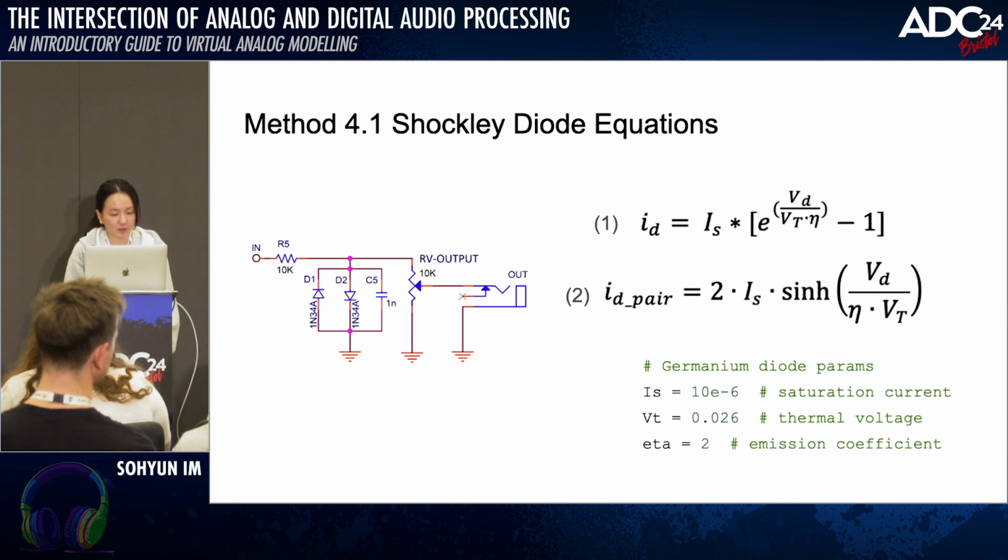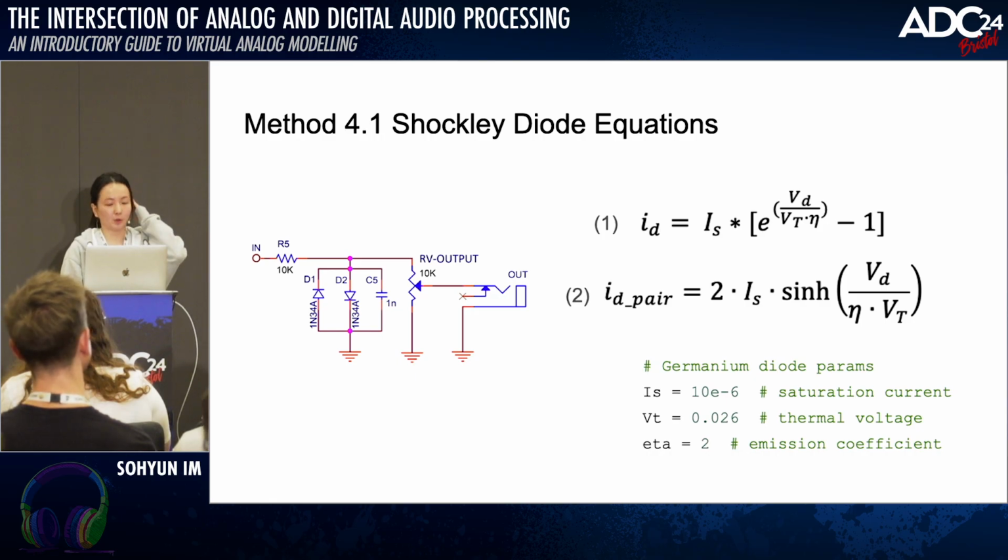The saturation current of a germanium diode is 10 to the power of -6, so 1 micro. The thermal voltage is 26 millivolts, and the emission coefficient is usually between 1.5 and 2. Actually, these parameters and coefficients, we can just take for granted. We will use these values in our code.